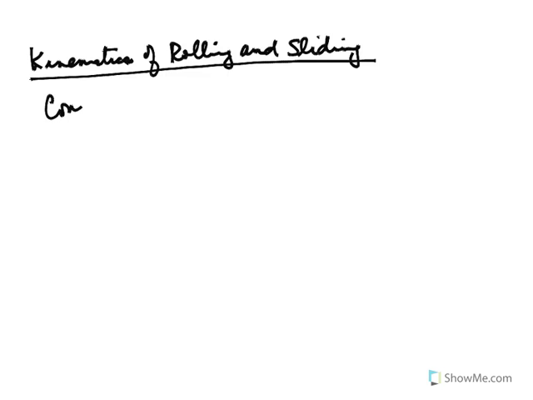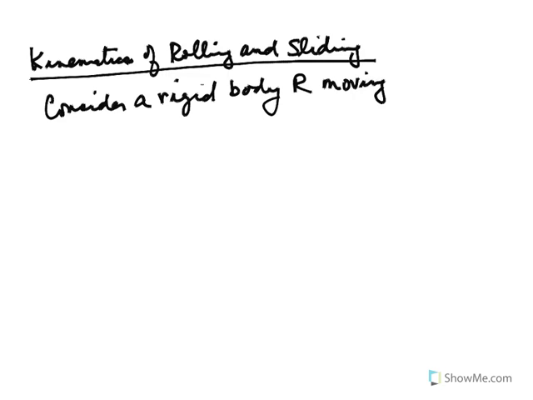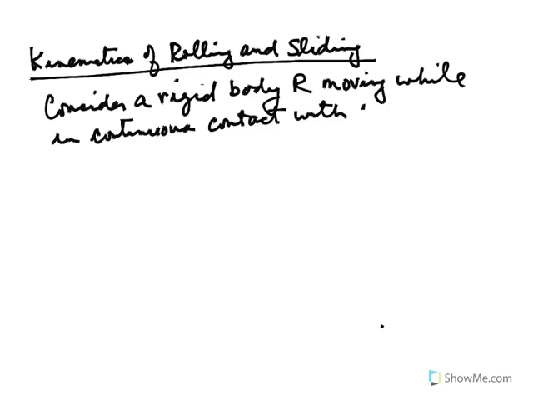So consider a rigid body, R, moving while in continuous contact with another rigid body, which I'll denote S. So here's what the picture looks like.